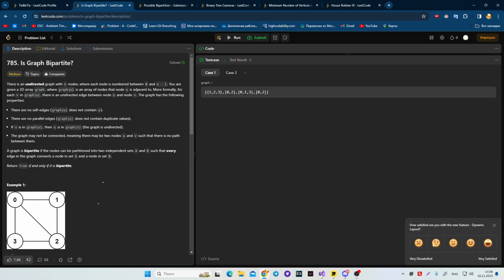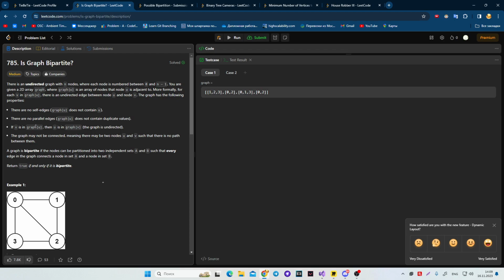In which order can we paint our vertices? We can do it in any order, in BFS or DFS.